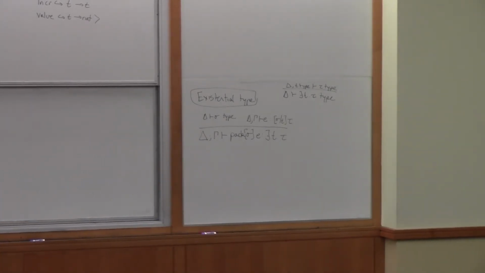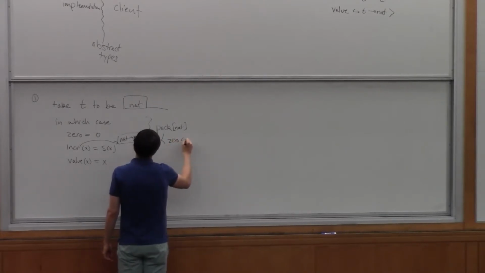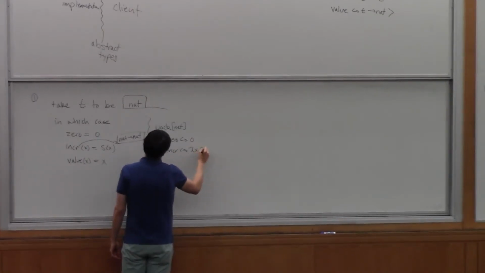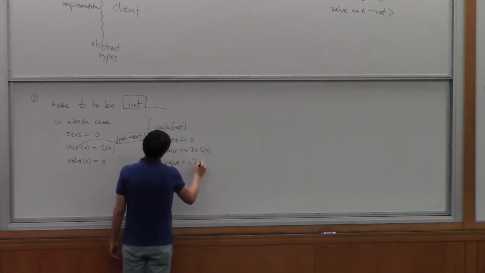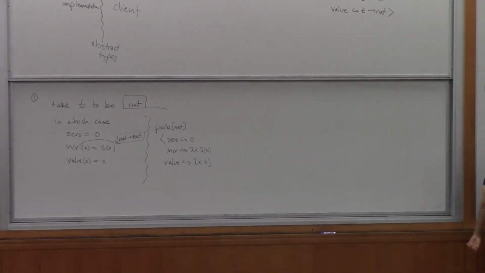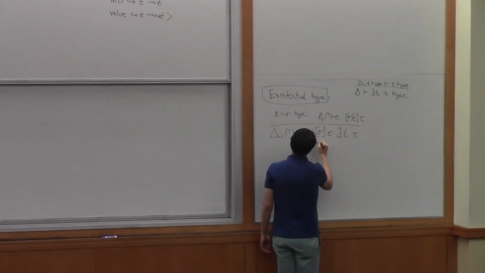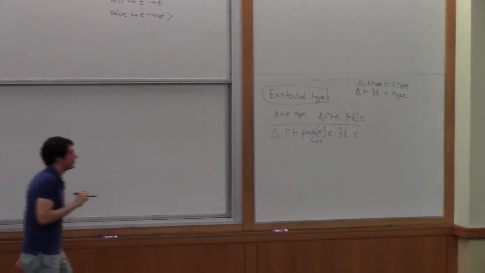So this would be something like pack nat, and then we would give a record value. 0 goes to 0. Increment goes to lambda x successor of x. Value goes to lambda x x. Okay? And for type checking purposes, we might want to annotate the term here with the T dot tau, but when I write the examples, I'll leave that off.